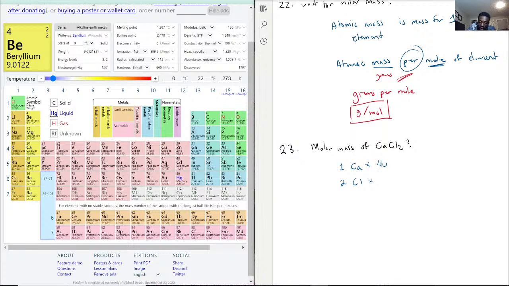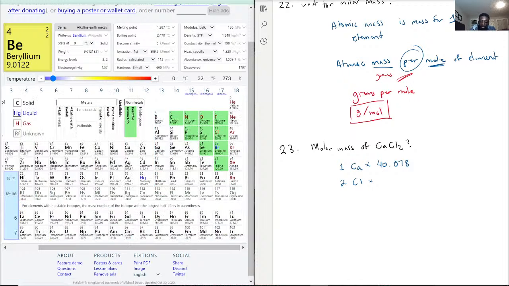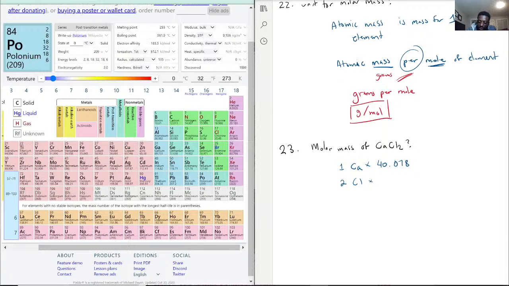Calcium is 40.078, okay, and chlorine is 35.45, and that is equal to 70.90. As you can see, I've started to get used to these numbers.